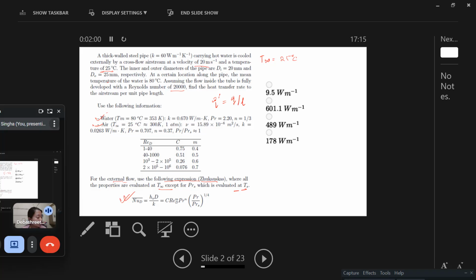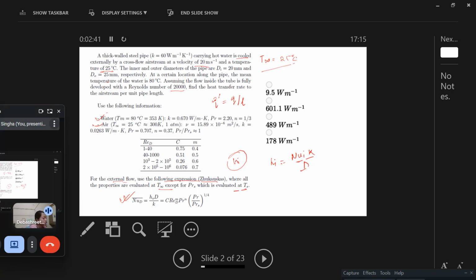Now for internal flow, that means the water, first we have to find out the heat transfer coefficient for the internal flow, that is hi. Okay, so hi is given by Nu i K by D. Now since it is the problem of cooling, we'll be using the Dittus-Boelter equation.